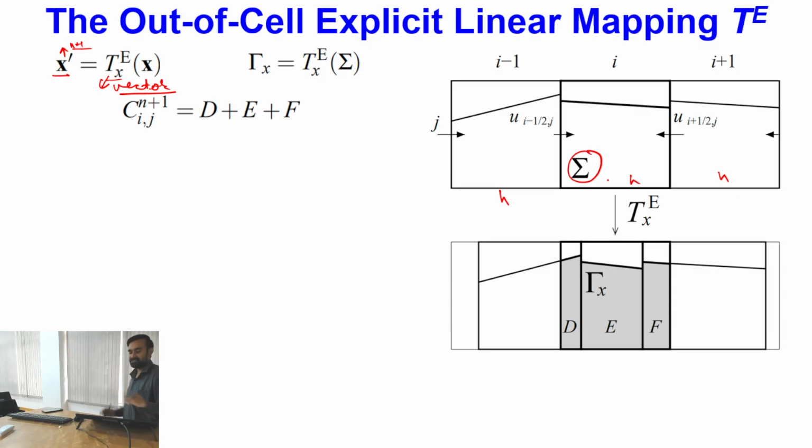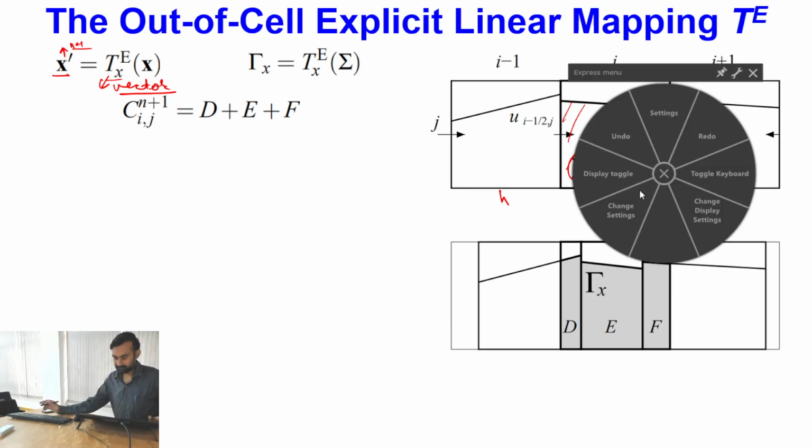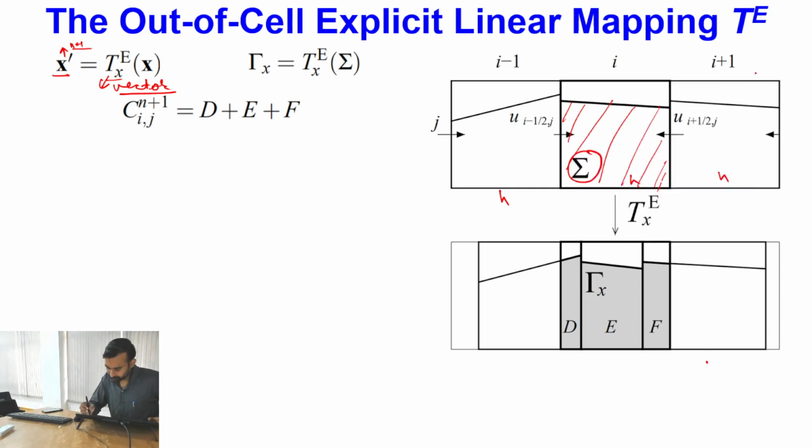This sigma represents the area of the reference phase in this cell. Are all clear with this point? This is the area of the reference phase in this particular cell.